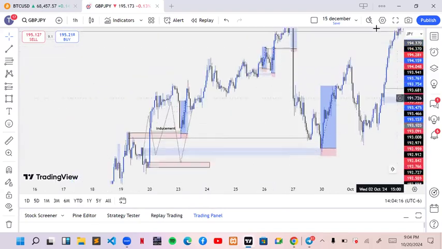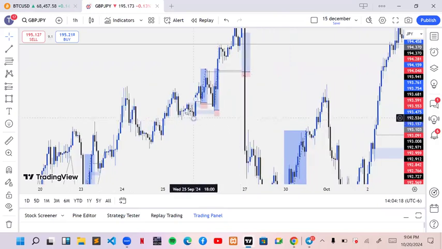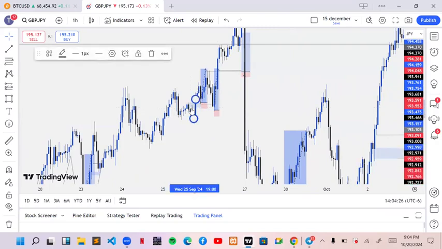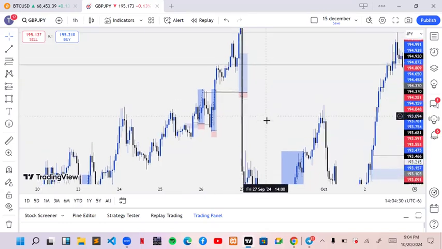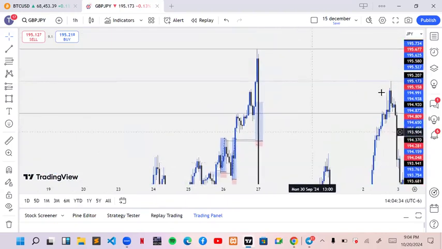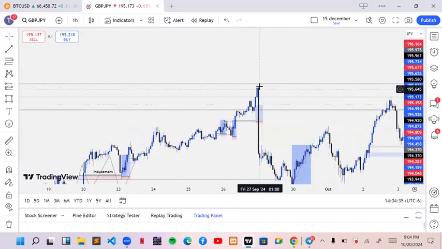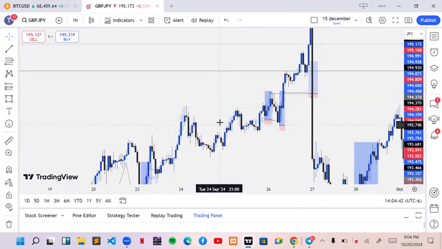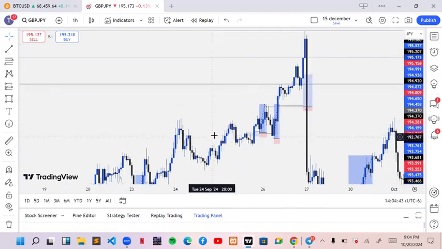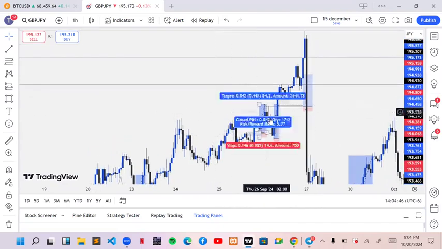Let me see if I can find it here. So, I think this is a trade. I took this trade. So with GJ, overall target of GJ, there was liquidity here for market to tap, liquidity here. So I took this GJ buy right here from this breaker block, and market pushed up here, and eventually started reversing.